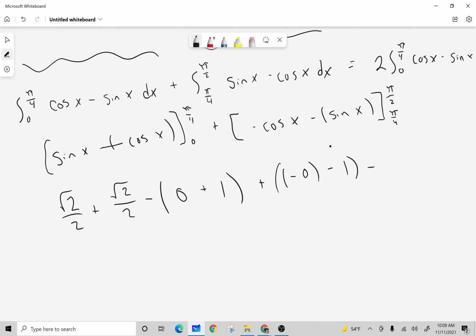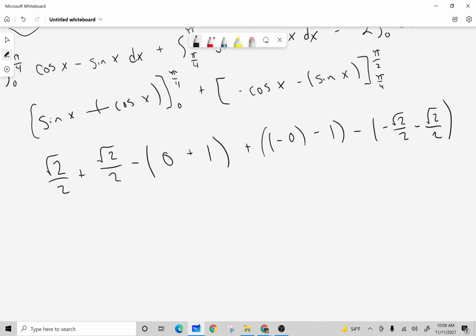And then we have minus negative square root of 2 over 2 minus square root 2 over 2. Okay, so we've got a lot of signs here, so let's not mess anything up. These two combine, and that will give us 2 square root 2 over 2 minus 1. And then we have plus, this is negative 1.